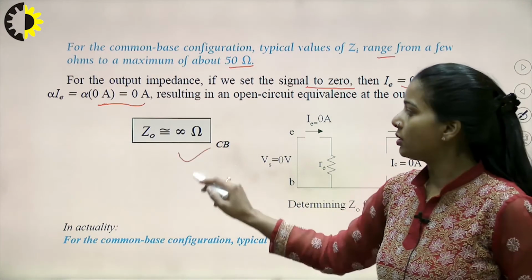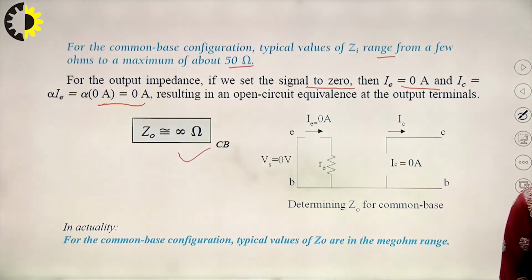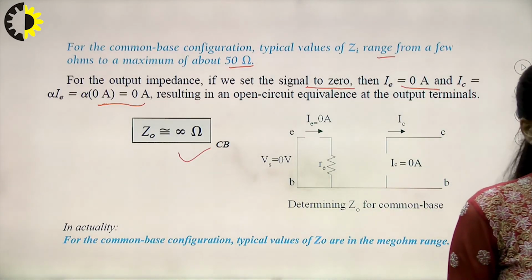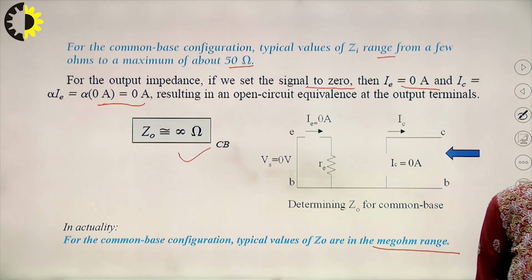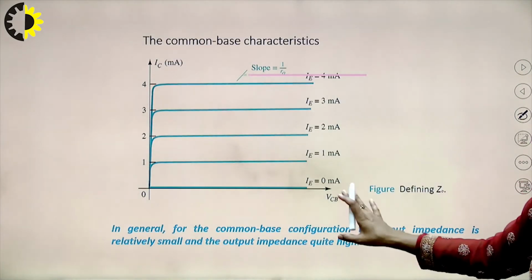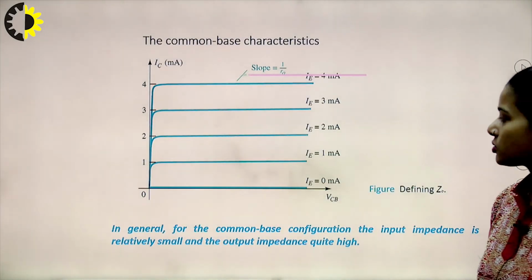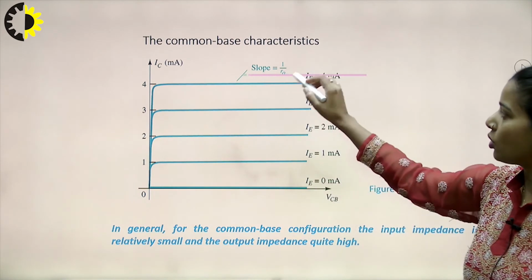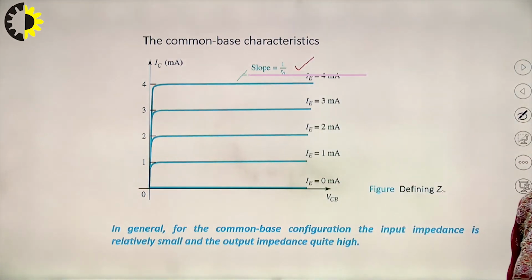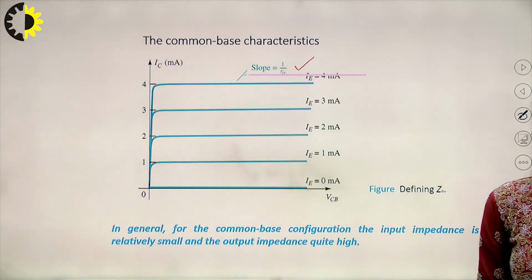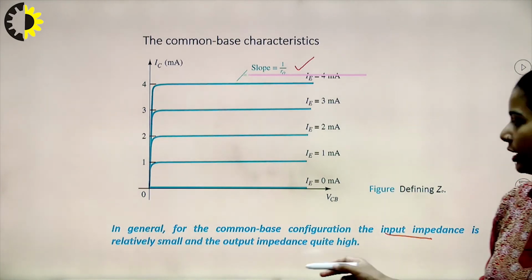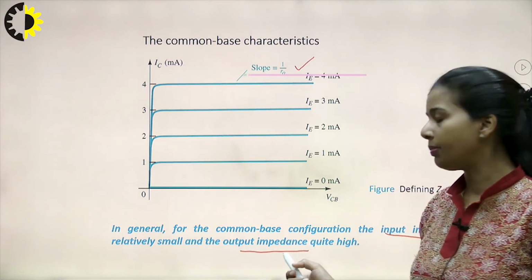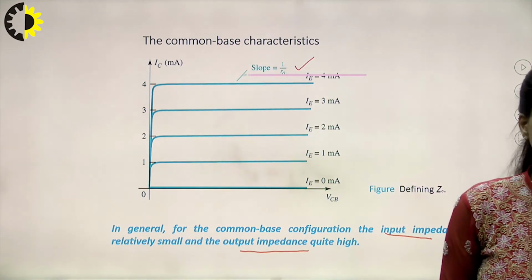So Zo will be infinite, and practically we have a value of the order of megaohms. This is the characteristic of common base configuration, and the slope of the line is 1 upon Ro. So in general, in the common base configuration the input impedance is relatively small and the output impedance is quite high.